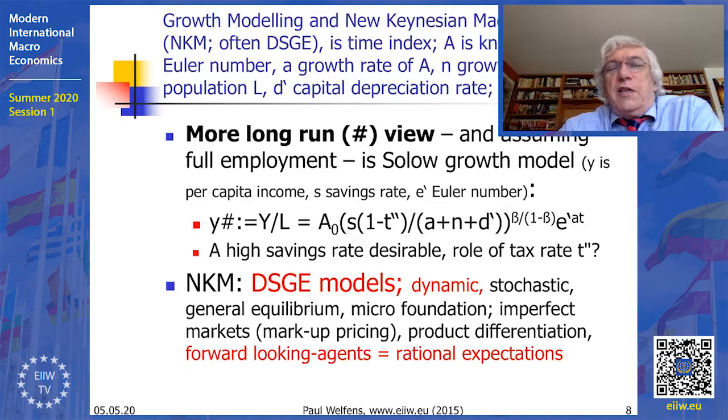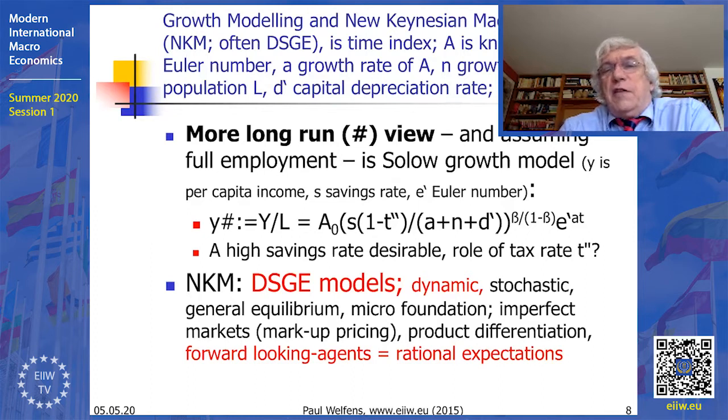Then we can say that per capita income, small y, in the steady state, denoted by this pound sign, is equal to the initial level of knowledge, a with this lowercase 0, times the savings rate times 1 minus the income tax rate, and then you divide by the sum of the technological progress rate, small a, plus the population growth rate, small n, plus the capital depreciation rate d prime, everything in brackets, and then to the power beta over 1 minus beta, and then you have to multiply also with the Euler number to the power at.